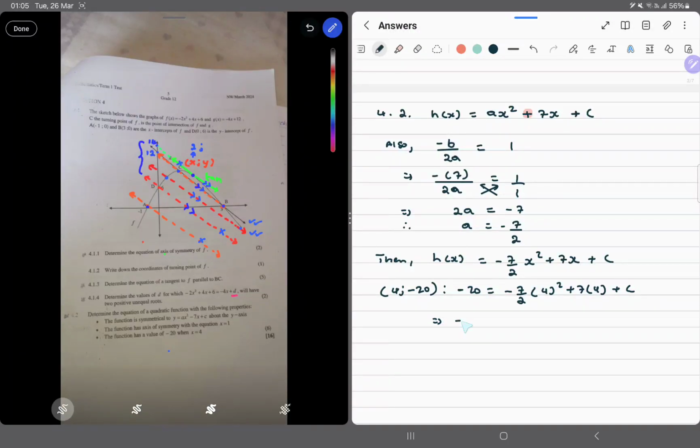And this implies that minus 20 is, so this is going to be basically 16. So this is minus 7 times 8. So it gives us minus 56 plus 28 plus c. Therefore, our c is going to be 8.